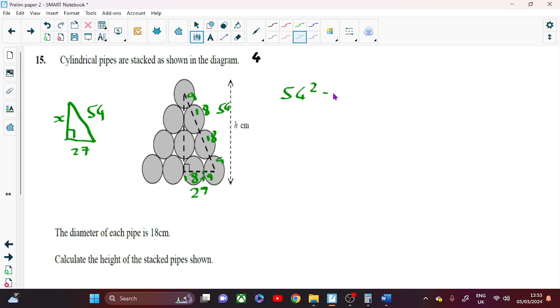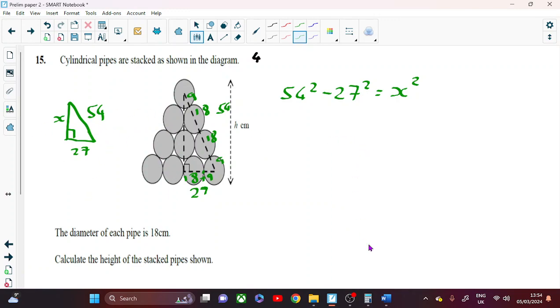So we have 54 squared minus 27 squared equals our x squared. Remember Pythagoras' theorem: the square on the hypotenuse is equal to the sum of the squares on the other two sides. We're looking for one of the other sides, so we're doing a takeaway.